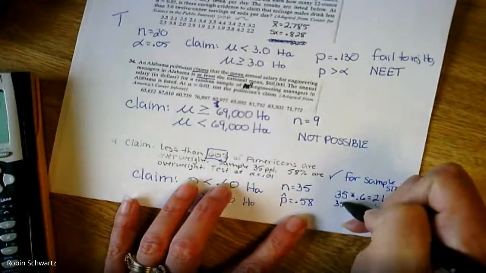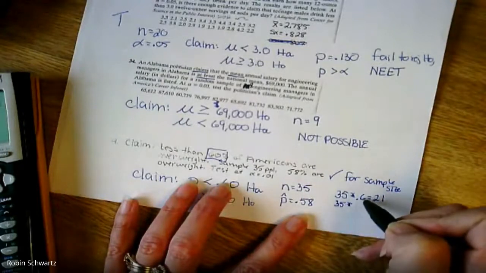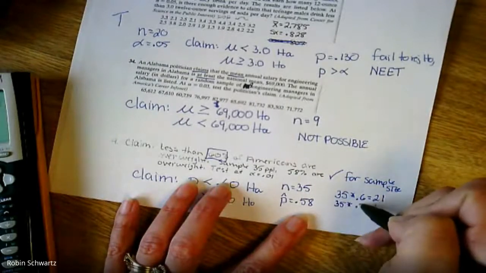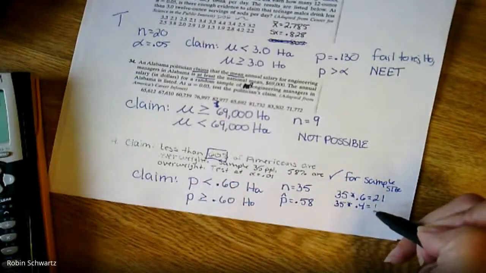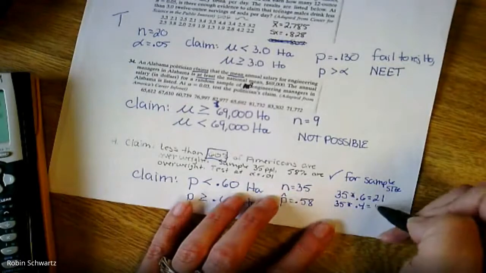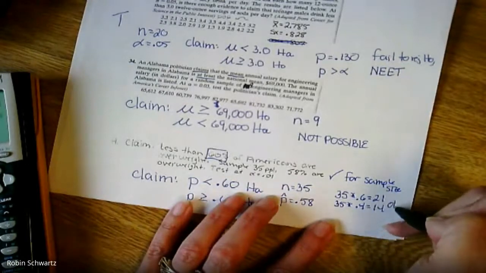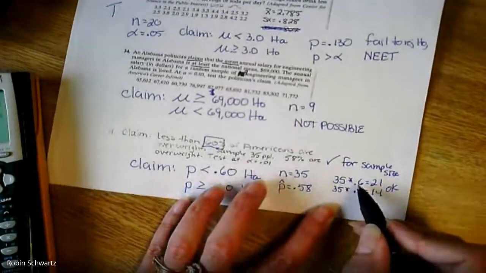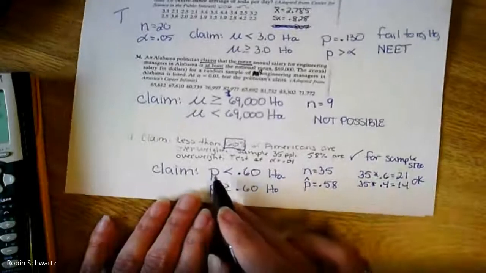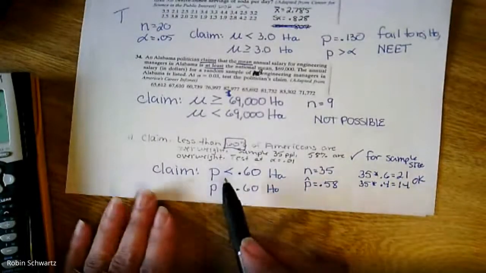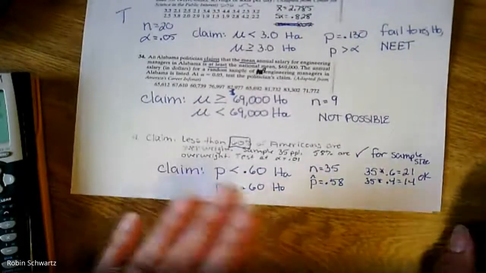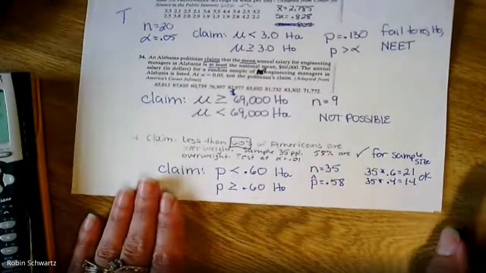So then 35 times, the q would be 0.4, because those have to add up to 1. 14. We're okay to go. If the sample size is big enough and we're with proportions, we know that this is a Z, but that'll show up in the program. So we're going to go to the proportion program, and I have a separate link for that one.